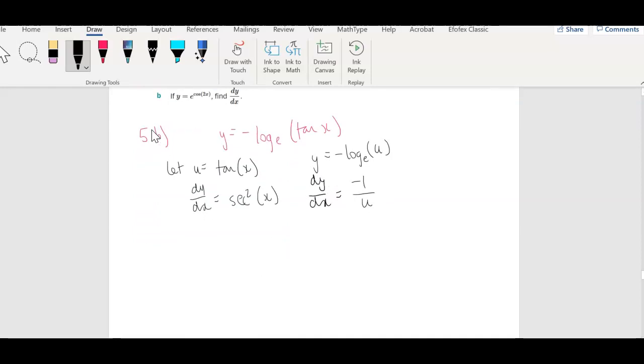So doing the derivatives of logs. All right, so bringing it together to get dy dx. So we've got sec squared x times negative 1 on u, where u is tan x. And we're going to have negative sec squared x on tan x.